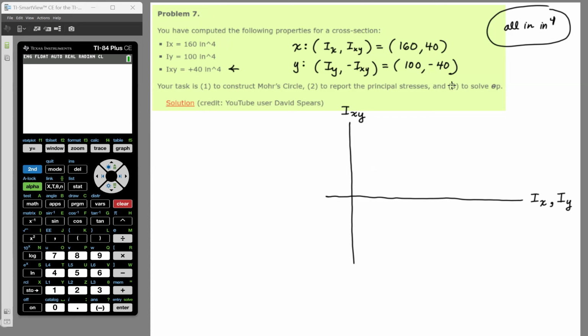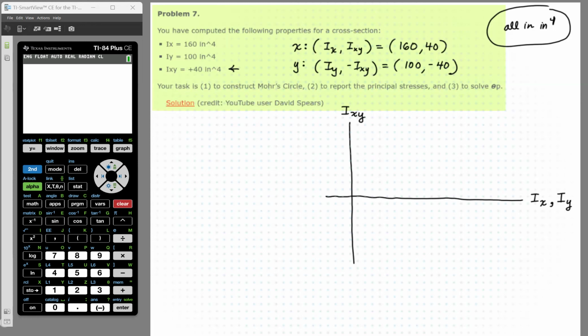This is one where a little bit of drawing to scale is useful. For my X, I'm going to make each one of my dots worth 10 inches to the fourth.